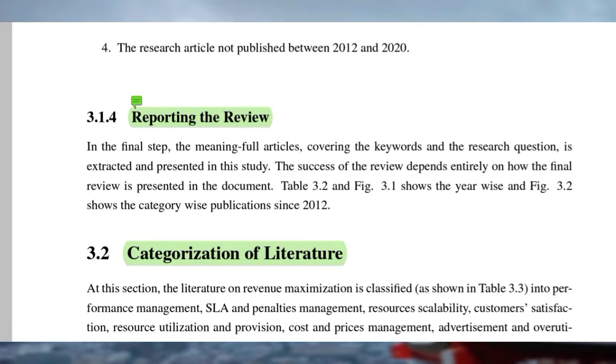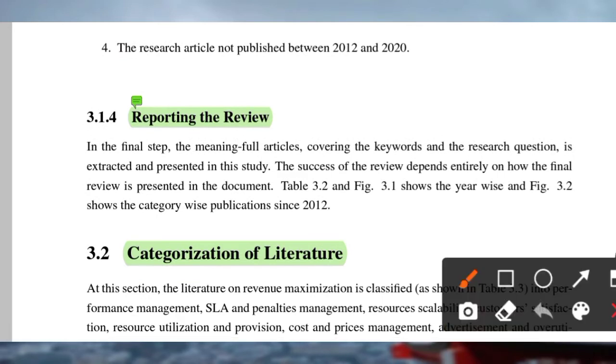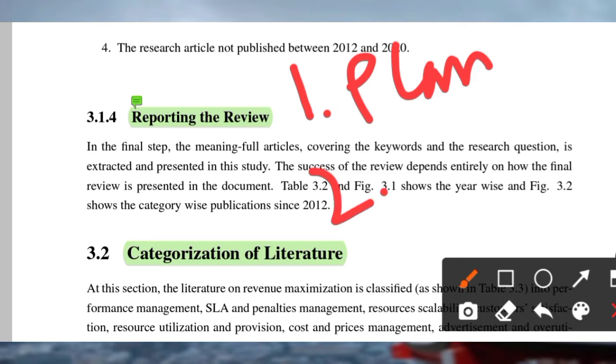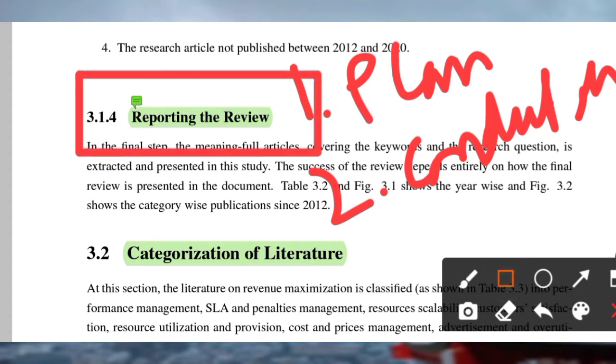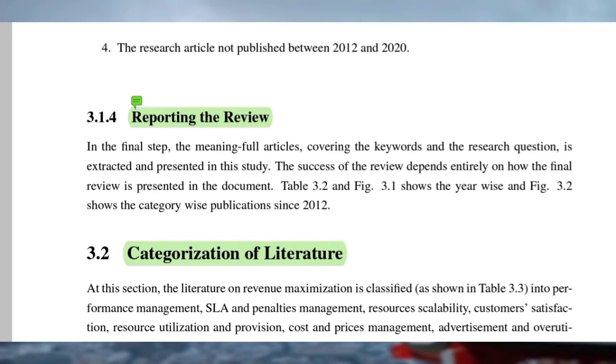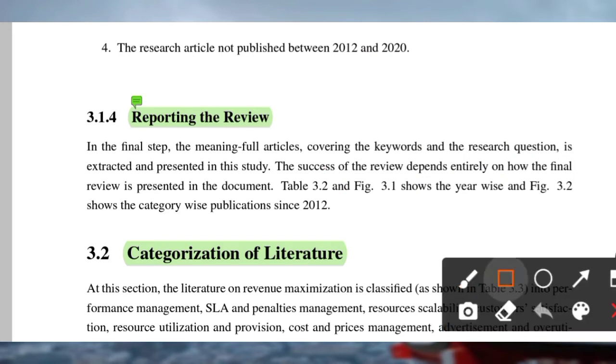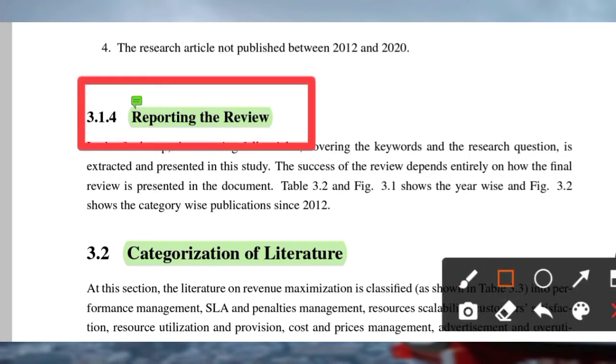Once you have planned the paper, and secondly you have conducted the literature review, then the next main thing is reporting the review. How to report the review is most important and most critical.